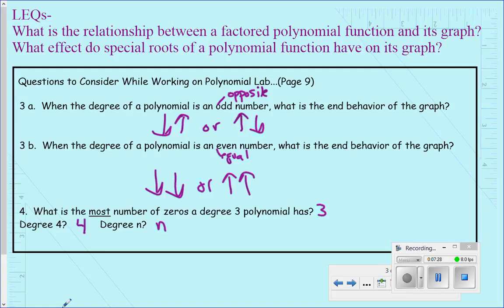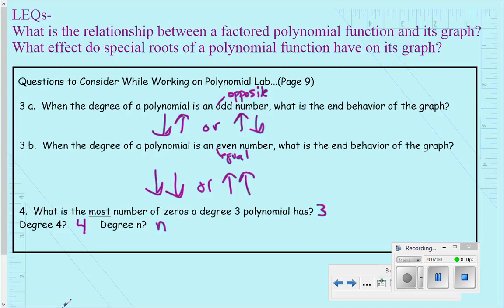So like number 5 is degree 4, but one of those roots is a cubed root, or x plus 4 is cubed. So that accounts for 3 of the total of 4. The degree is 4. 3 of those roots, let's say, is the x plus 4 cubed.